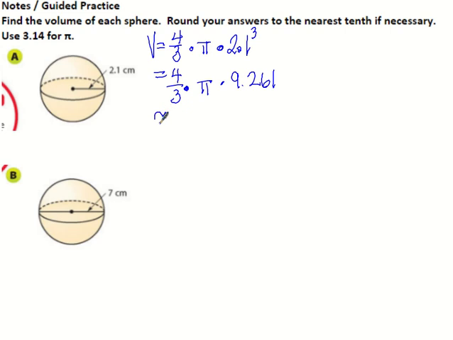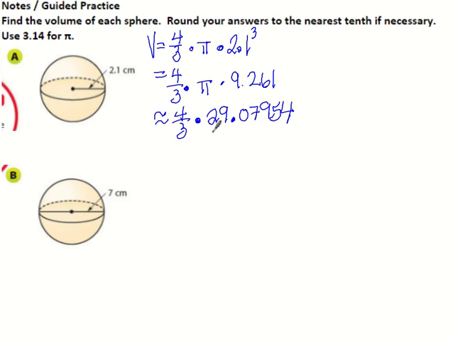All right, I'm going to take that number, 9.261, and times it by 3.14. And I'm going to get 29 point, now we're going to get a really hideous decimal, 0.7954. Okay, now I know that's not fun to have to write down, but don't clear it off your calculator.